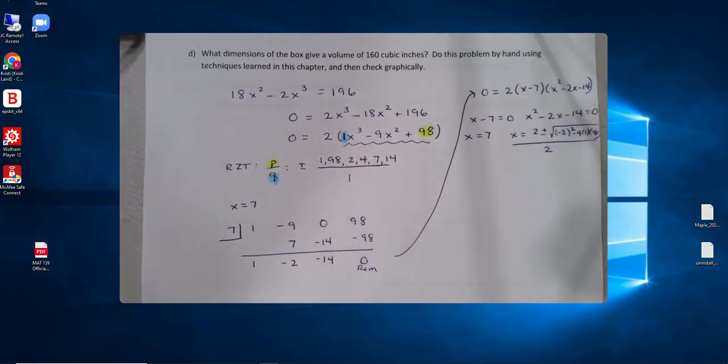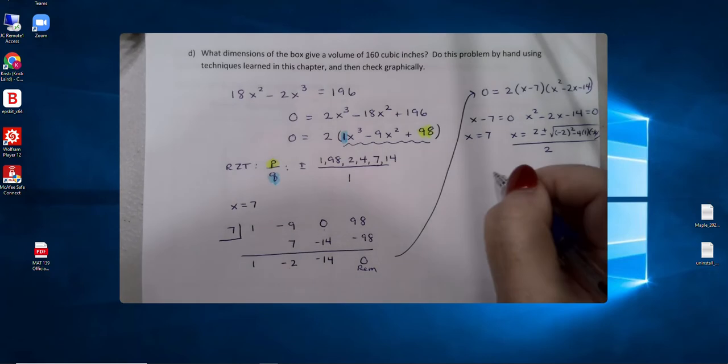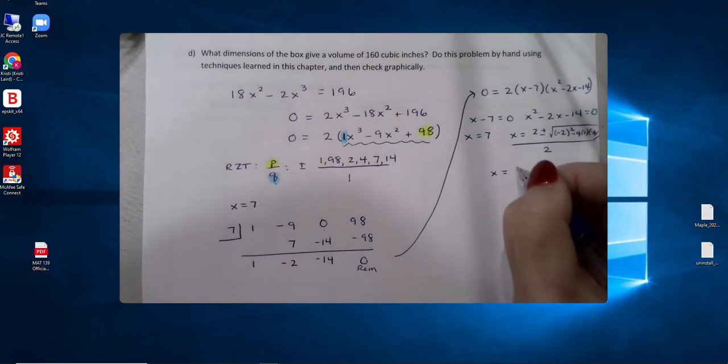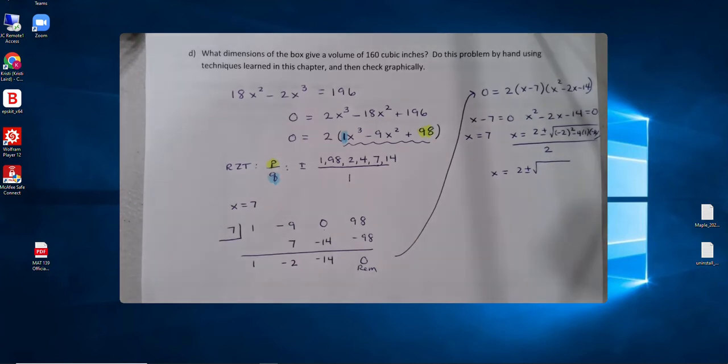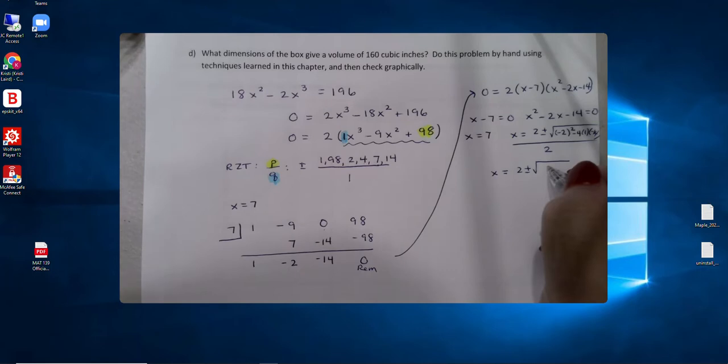Should have left myself a little more room. So that would be 2 plus or minus the square root of, let's see, I'm just going to put that into my calculator. That is 60 underneath that square root.